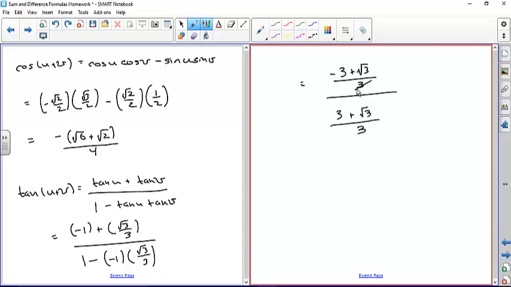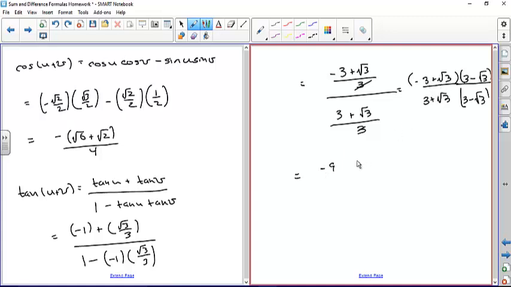But now that I have the same denominator, I get negative 3 plus the square root of 3, over 3 plus the square root of 3. And then I multiply the numerator and the denominator by 3 minus the square root of 3. And that's to get the denominator to be without any square roots. So in the numerator, I have negative 3 times 3, so that's negative 9.